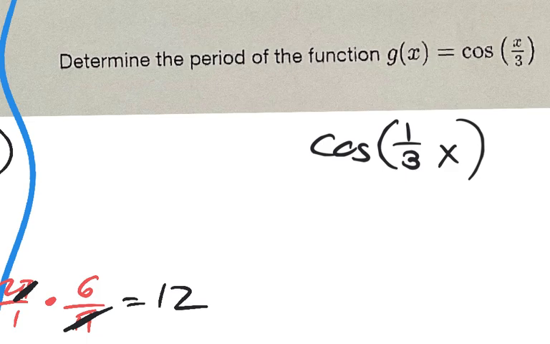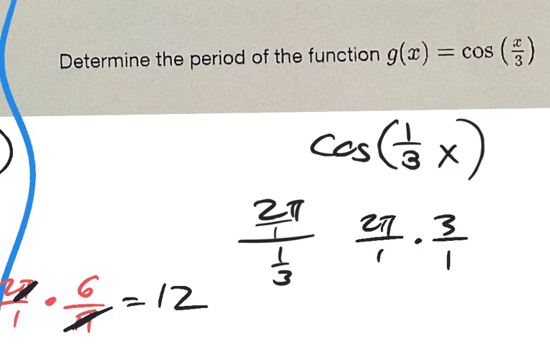So to find the period of this function, I would do the default 2 pi divided by 1/3, or again, 2 pi over 1 times 3 over 1.